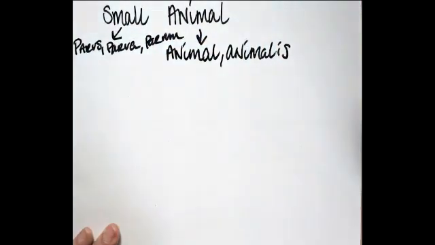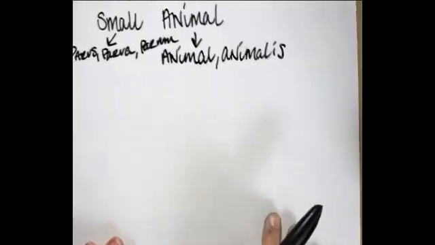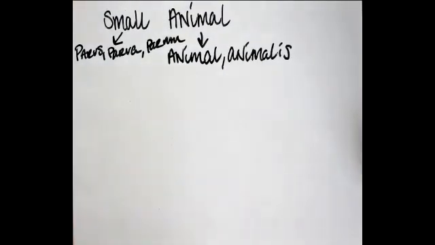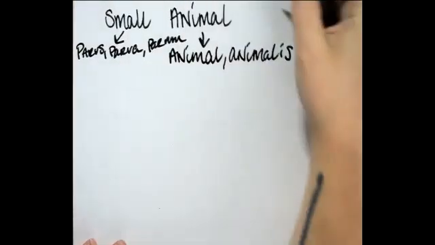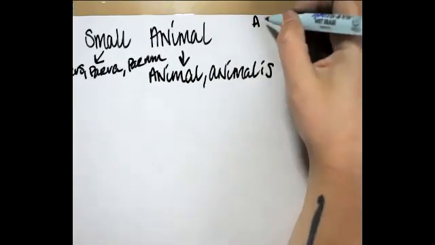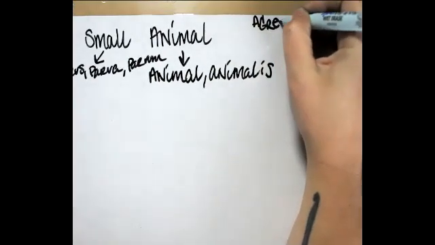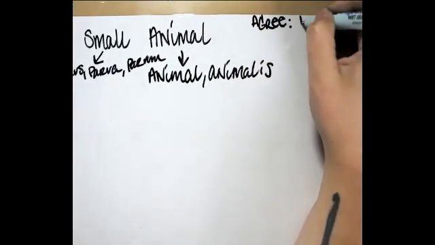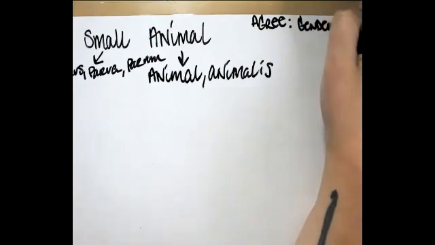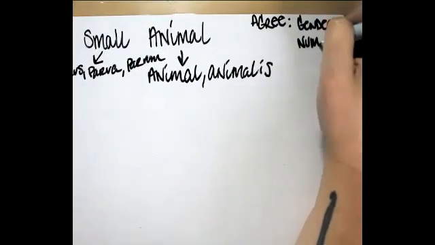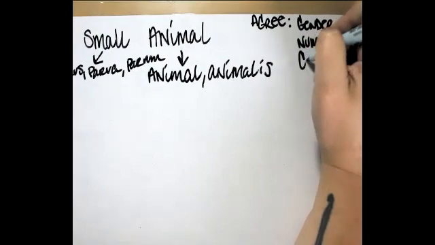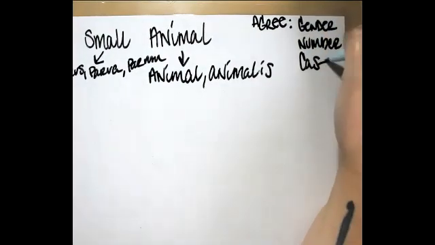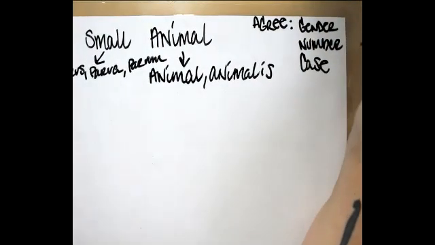So what is it that we need our nouns and adjectives to do in order to go together? We need them to agree. Agree in what? Gender, number, and case.